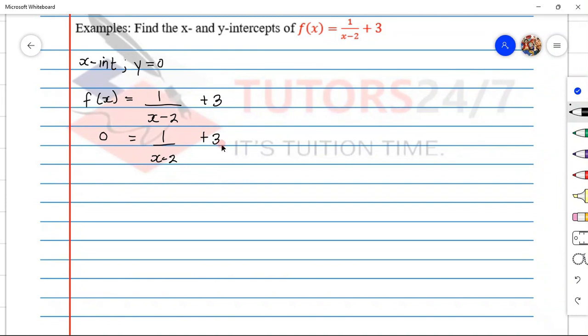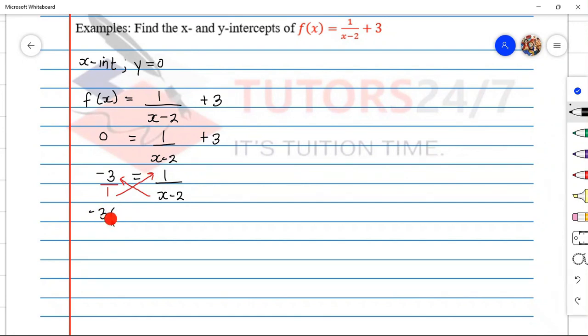Now we can take our positive 3 to the left and it will become negative 3. That gives us negative 3 equals 1 over x minus 2. From this point we can cross multiply. So our denominator on the right multiplies with our numerator on the left, and negative 3 is just over 1, so that 1 will multiply with the 1 on the right.